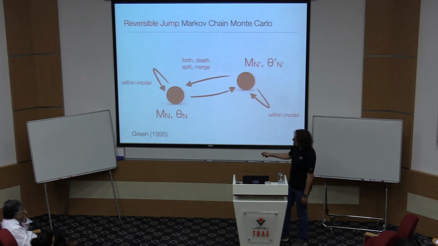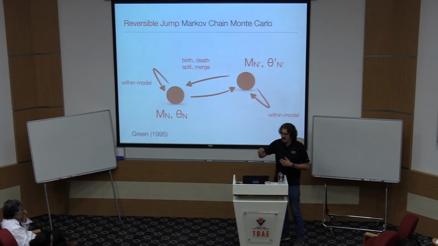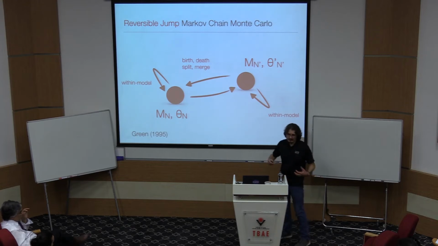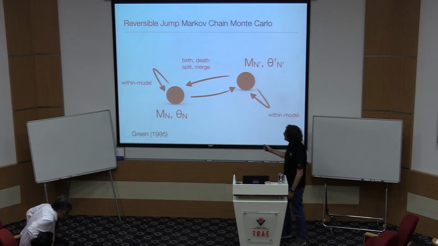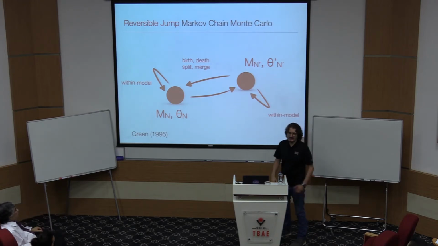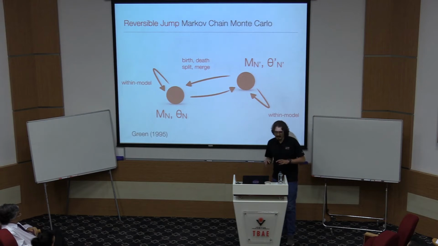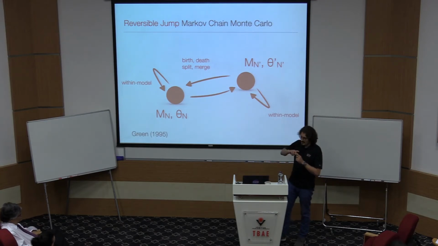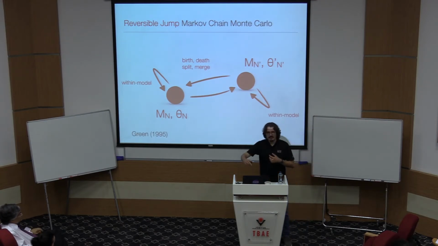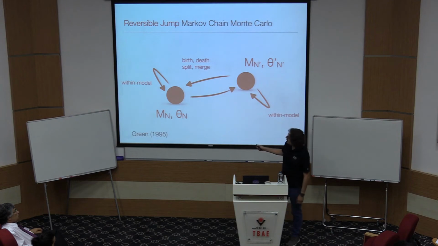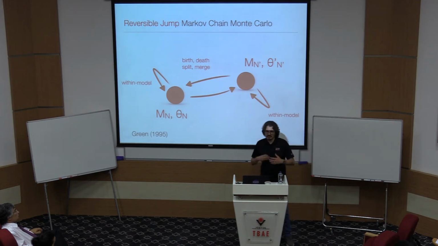Now, this part, the within-model proposals, and this part are the same, just like in the MCMC. However, this part is kind of interesting. It's new to probabilistic cataloging, where you either add elements to your model, or subtract or kill elements from your model, or split your elements or merge your elements into other elements so as to change their number.